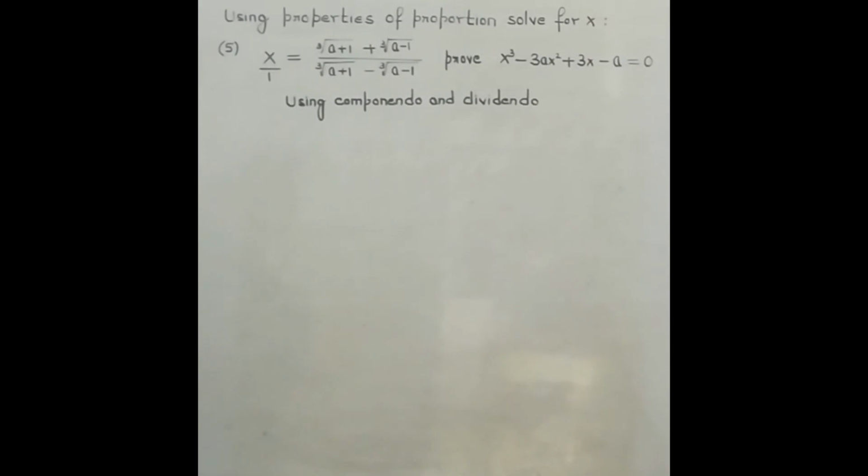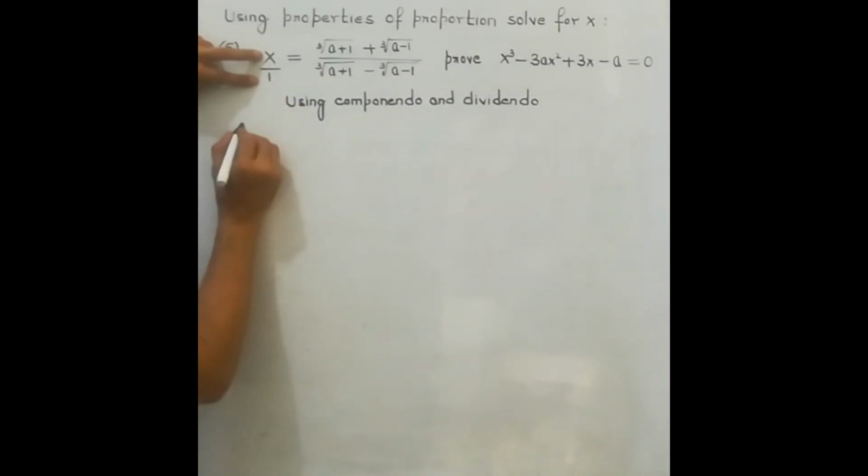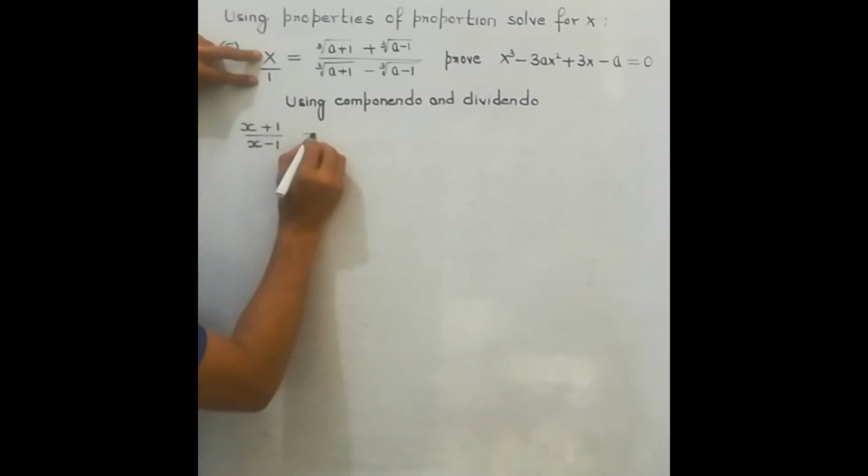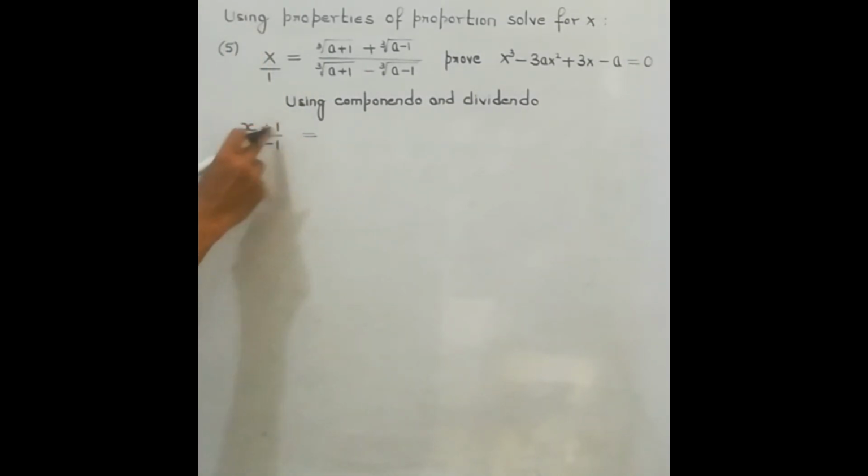So first of all, I am going to apply componendo and dividendo on the left side. So this is my numerator part, this is the denominator part, so this will become numerator plus denominator upon numerator minus denominator.